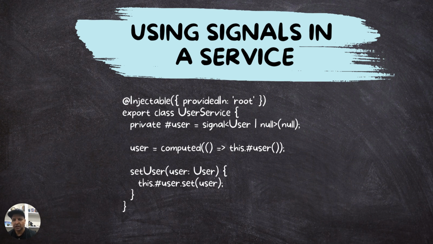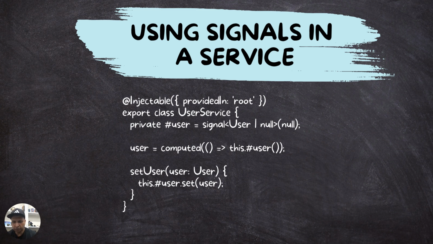So this replaces a behavior subject and get user as observable with something much cleaner and direct. And when you call set user, any component that reads from the user function will automatically update.